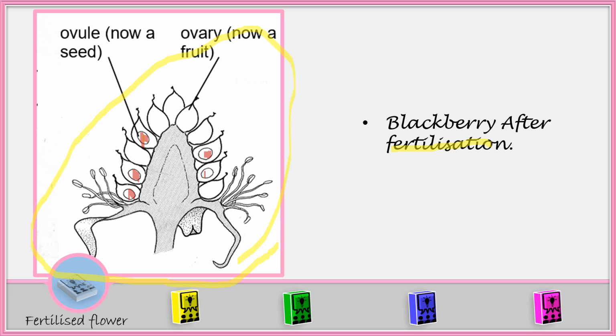All the fruits, or the ovary, when you cut them longitudinally, inside you are going to see the seeds, which were originally the ovules, and the outer part will form the fruit.